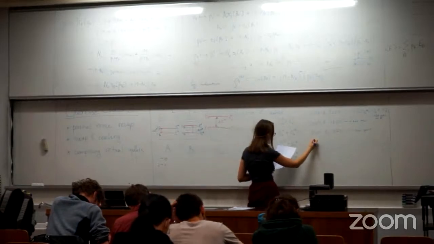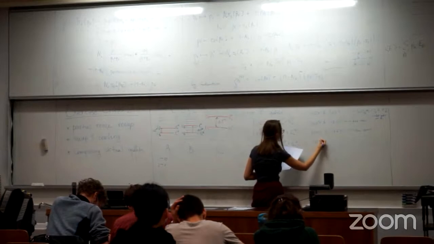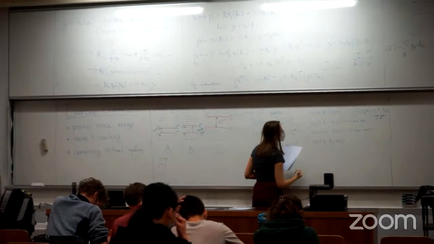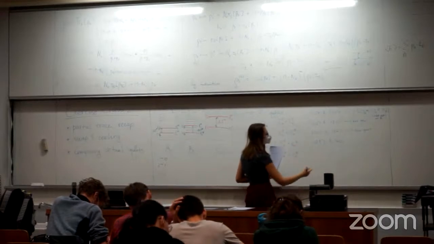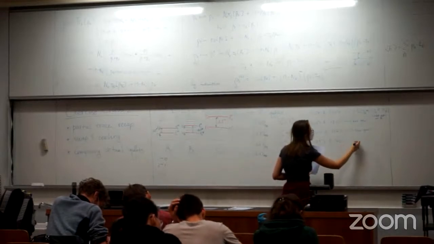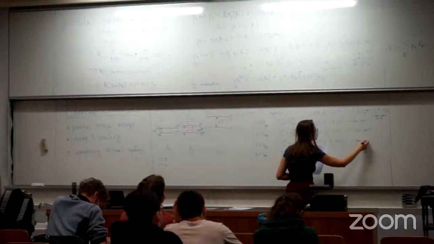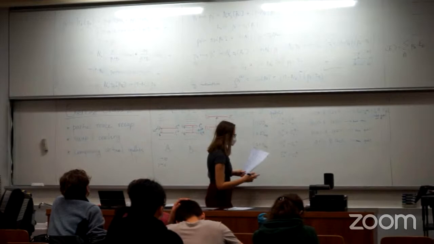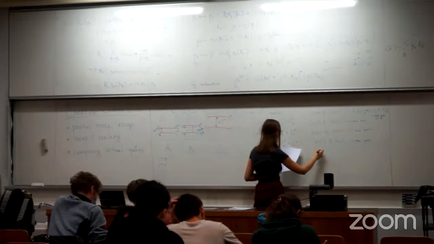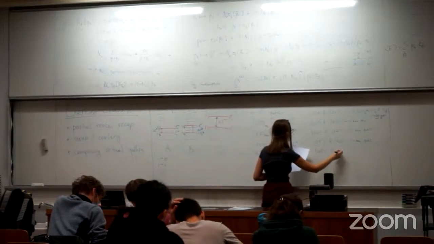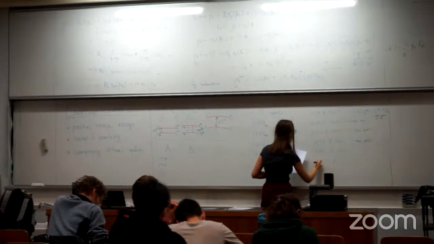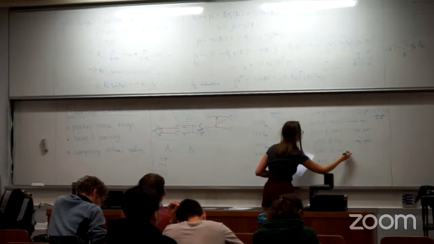Then 0, 1 and 1, 0 also is a new qubit. And so then, for example, 0, 1 and 1, 1 is not new. Sorry, 1, 0 and 1, 1 also not.